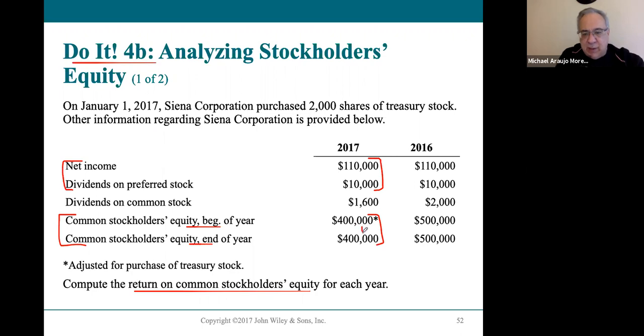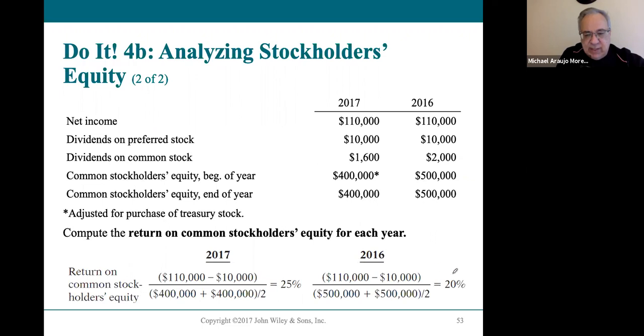It's easy to average when the numbers are the same. 2016, same formula. So what do you get for averages? For 2016, it's 20%. For 2017, 25%. So excellent return on equity for both of these years.